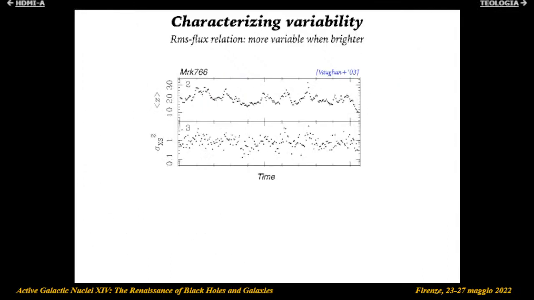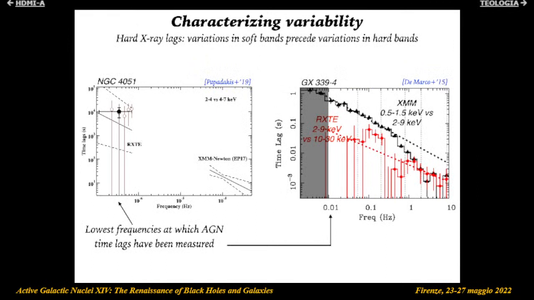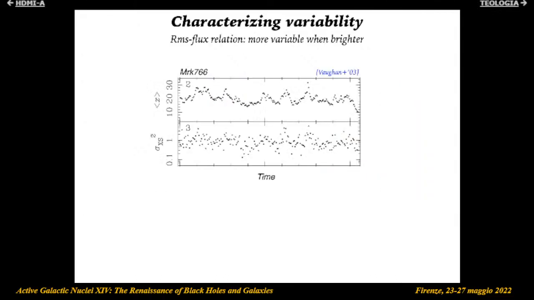There is only one source where it was possible with some techniques to push this measurement to the lowest possible frequencies, and it seems that these lags behave like they do in black hole binaries. However, all this doesn't tell us much about the variability process.